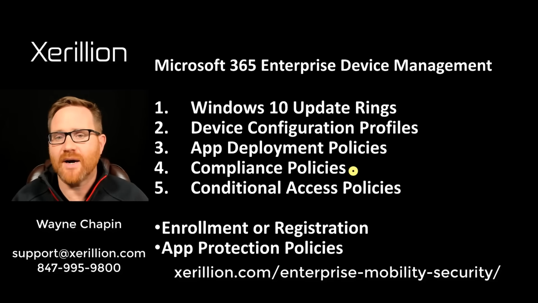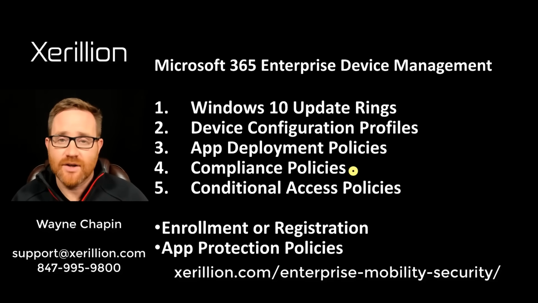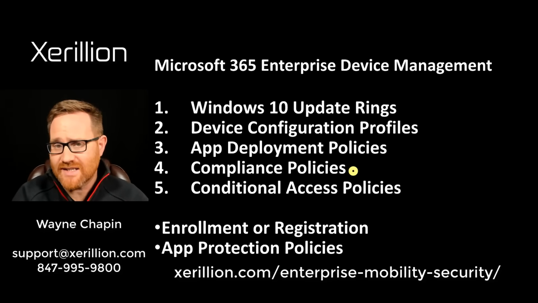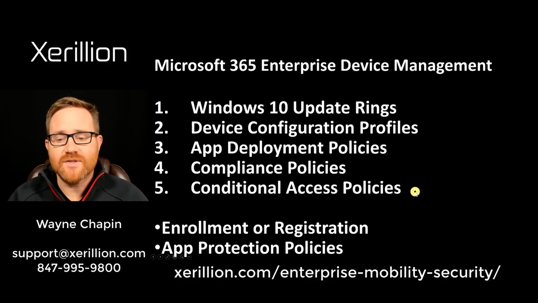policy. And the compliance policy is super important, because we're going to evaluate this Windows 10 computer that you're attempting to use to connect into our system. And if it doesn't meet our compliance policy, we will not allow you to sign in from that computer. And that is going to be enforced with an Azure Active Directory conditional access policy. So these 2 things are going to work hand in hand.